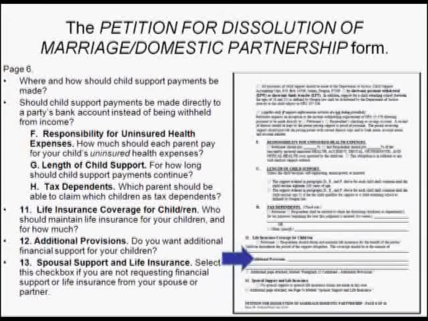Additional provisions. Do you want additional financial support for your children? 13. Spousal support and life insurance. Select this checkbox if you are not requesting financial support or life insurance from your spouse or partner.